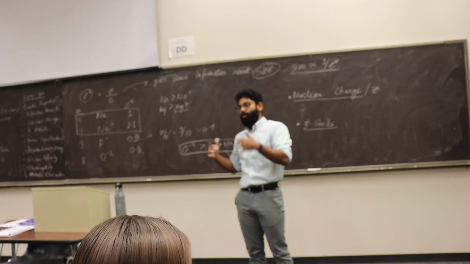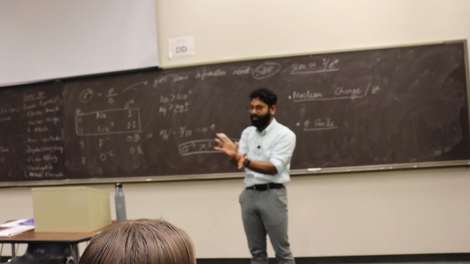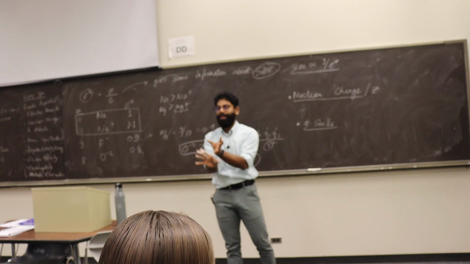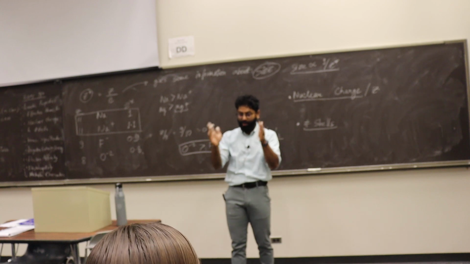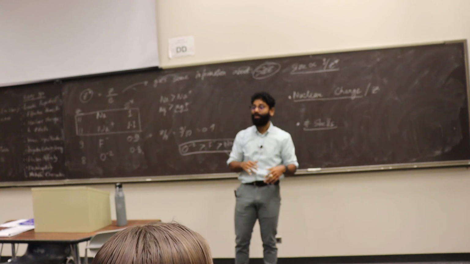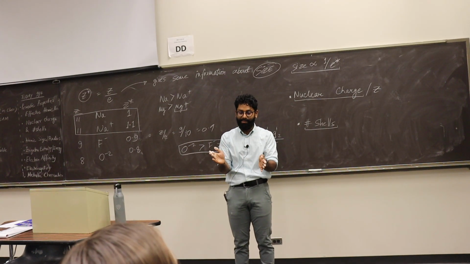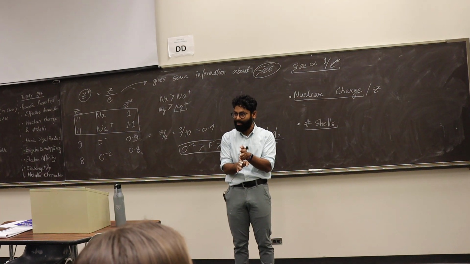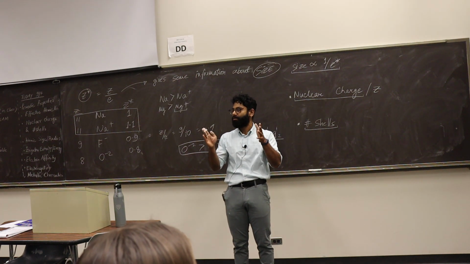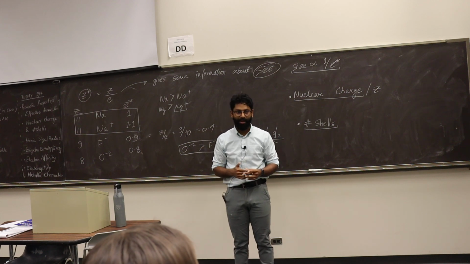There was Döbereiner's law of triads, in which he brought three elements together and arranged them in increasing order of their atomic weights. The one element with the average atomic weight also had average physical and chemical properties.